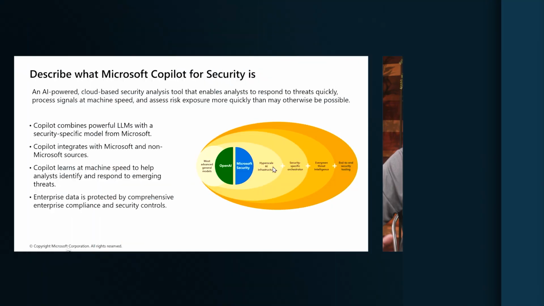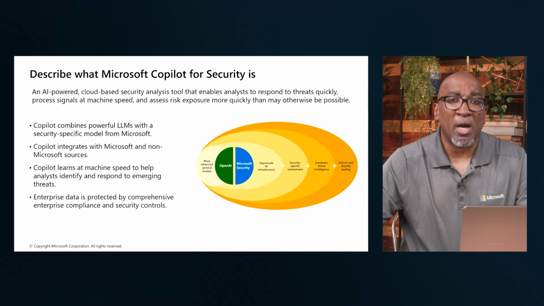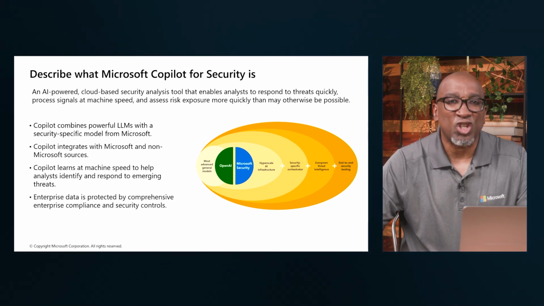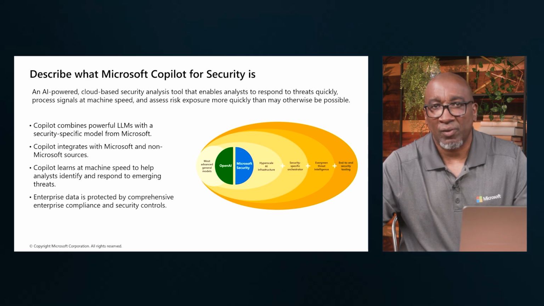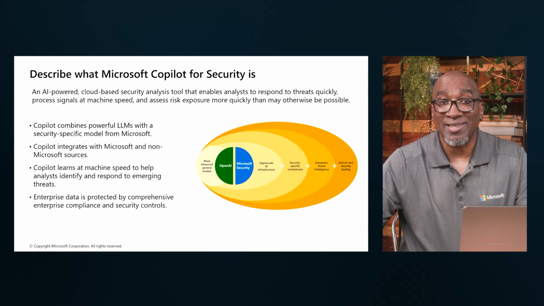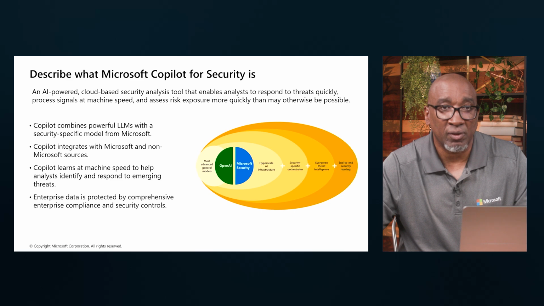In this video, we'll explore what Microsoft Copilot for Security is, its use cases, and how it processes prompt requests. So what is Copilot for Security? Well, Microsoft Copilot for Security is an AI-powered, cloud-based security analysis tool. It enables analysts to respond to threats quickly, process signals at machine speed, and assess risk exposure more effectively.